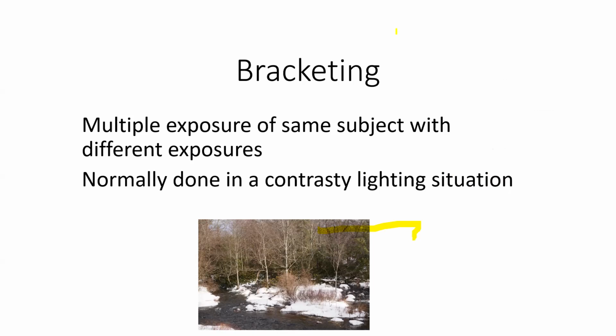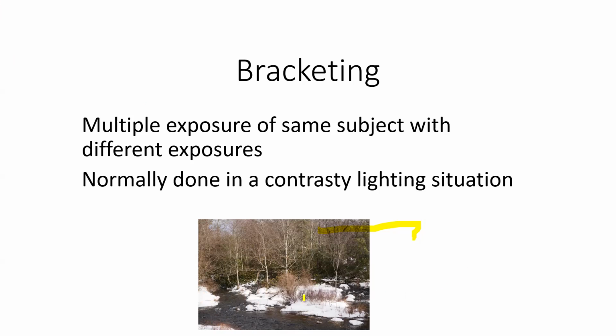Okay, so bracketing is quite simply taking multiple pictures of the same scene with different exposures. It normally works in a very contrasty lighting situation like this one here, where you have the snow and the darker trees back there and the darker water.